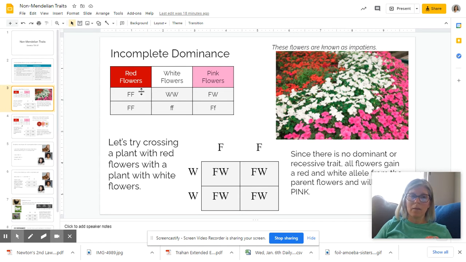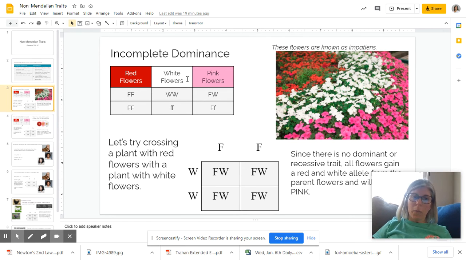And so the way that we could write this is we could use a capital F to represent the red flowers. And so if you had red flowers, you would have two capital Fs. White flowers, we could use two capital W's to represent the white. And so for pink flowers, that would be the heterozygous genotype, which means you'd have one of each allele, and that would produce pink. The white and the red together form a whole different color.